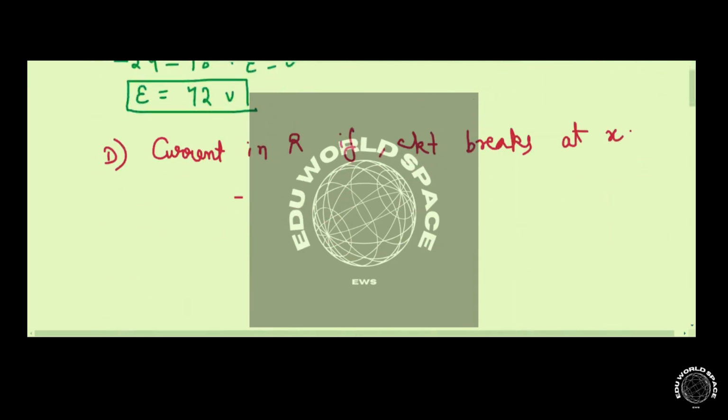So let us redraw this. We have 28 volt here. We have a resistor of resistance R connected to 3 ohm. So here we have figured out the value of R in part 1 as 5 ohm. So in this case we need to find the current.